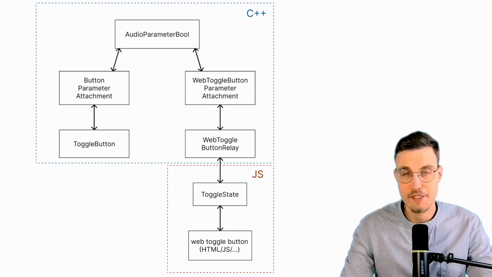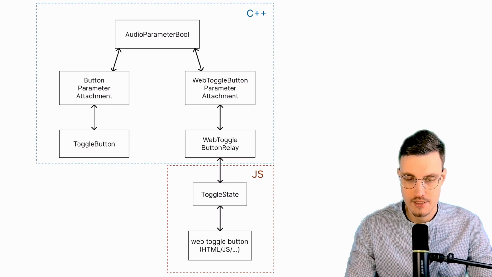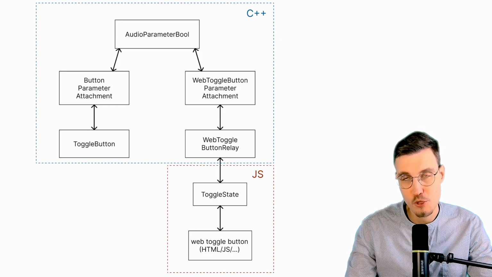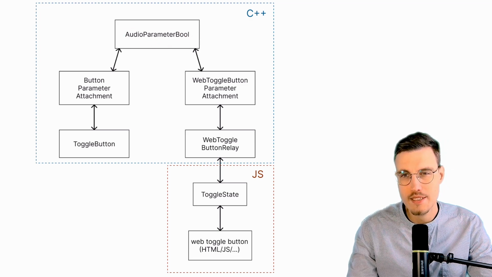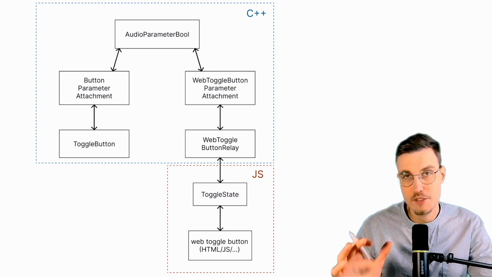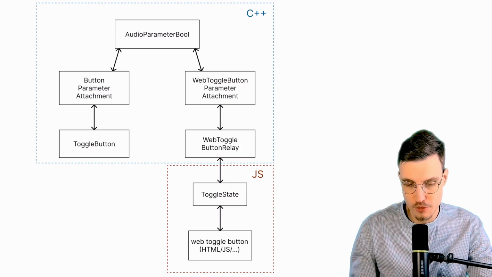Here are the classes involved in controlling a Boolean parameter that again can be true or false. Typically, you would have an instance of JUCE's AudioParameterBool class that probably sits within your AudioProcessorValueTreeState. This is the model of our parameter, and this is the source of truth for all the UI or automation-related control.